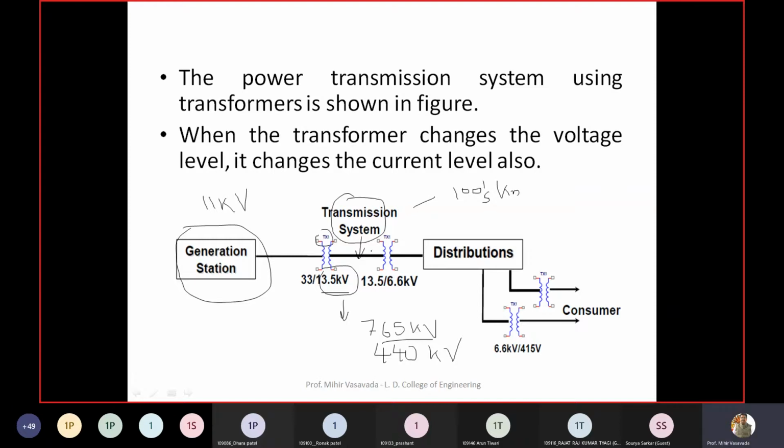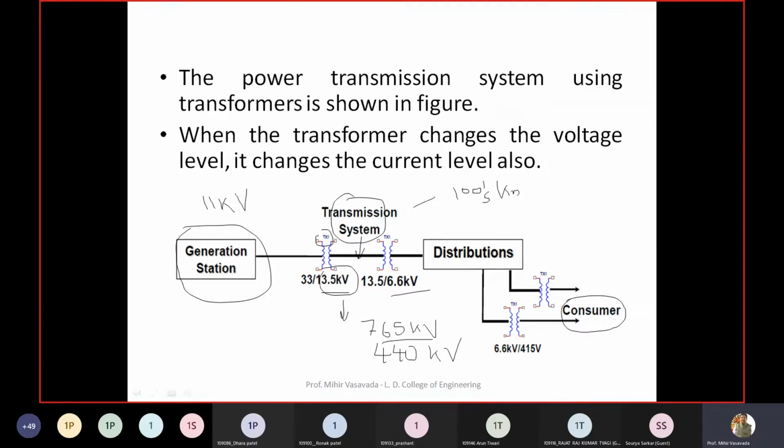And then comes the distribution network. So again, you need to reduce the voltage level, and that is done by a transformer. Even in distribution, before giving power to the customer, we need to reduce the voltage. So at every stage, you need different types of step-up and step-down transformers, right? Power transformers, distribution transformers.